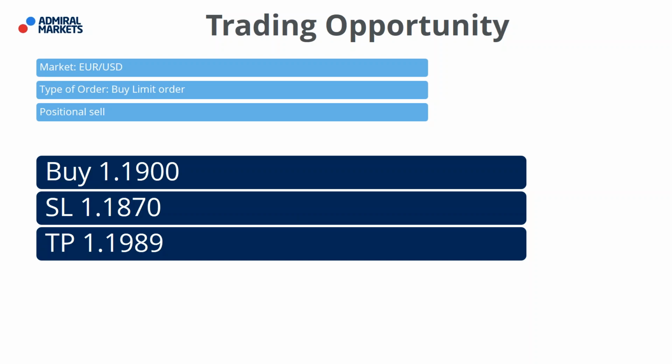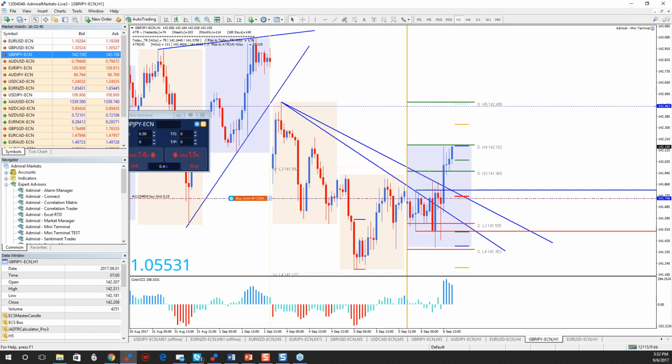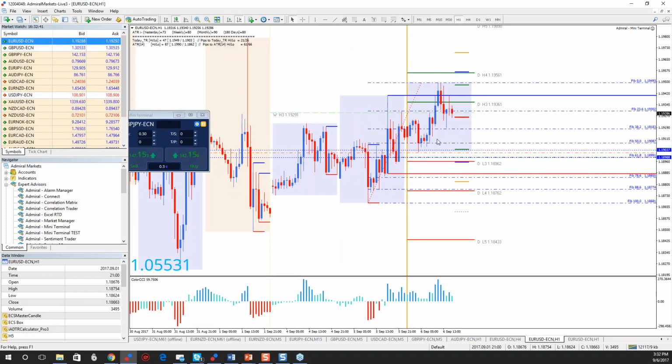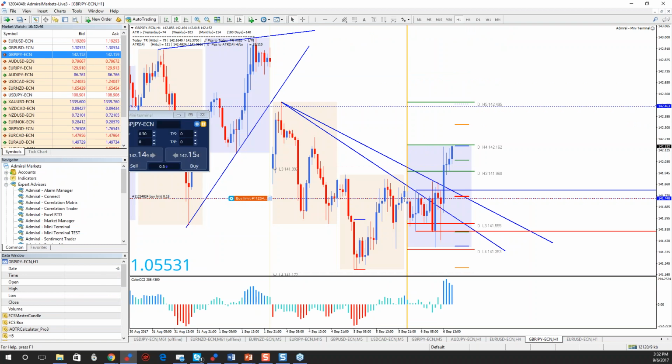So that was it for today. I hope that we will also make money as we did with the session recap and GBP dollars. So let's see what the market will give us. So 3 possible trades: Euro New Zealand, Euro dollar pending order long, pound yen pending order long.